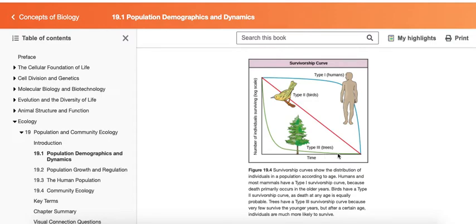So it's almost like, I'm going to put out 1,000 babies and just hope one or two survive. Different plants do this all the time, right? They make way more seeds than what they need.